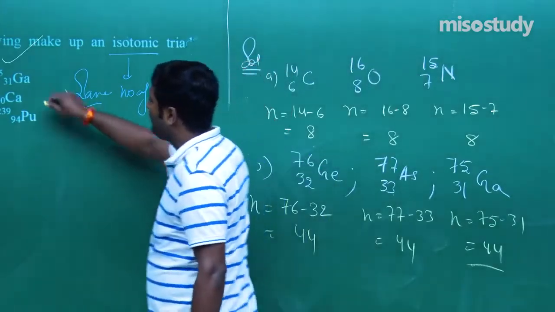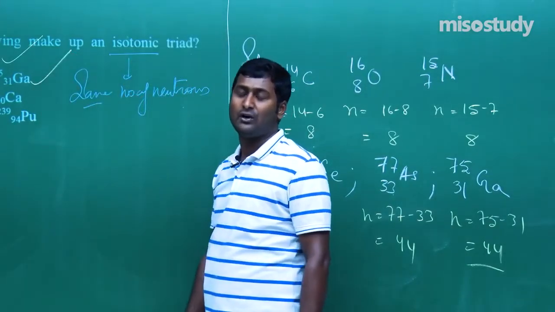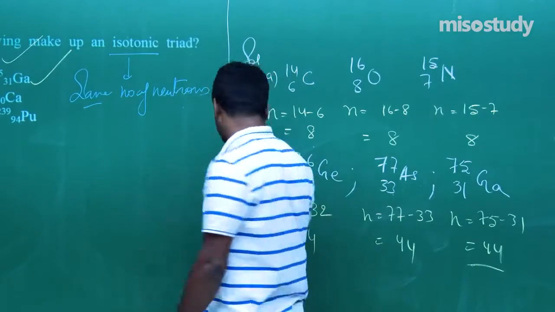So we will say B is also correct because they contain an equal number of neutrons.